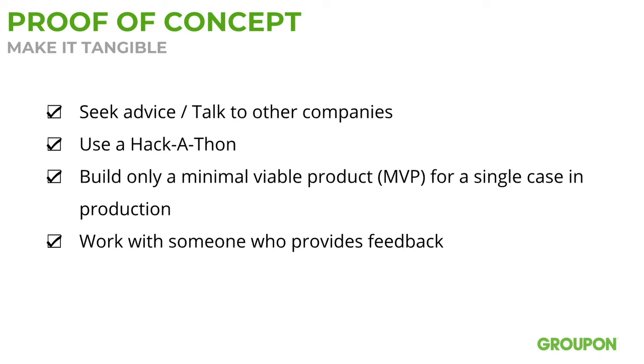Then build a minimum viable product. What I mean by that is not trying to just make something work, but make a production use case work. Get that value today so that those people can be your advocates to continue on this new tool that you're building. And lastly, work with someone who actually provides feedback.